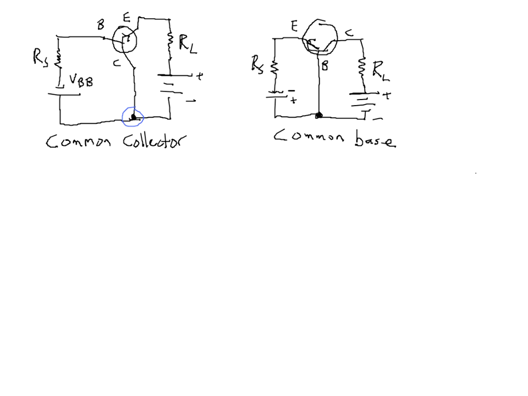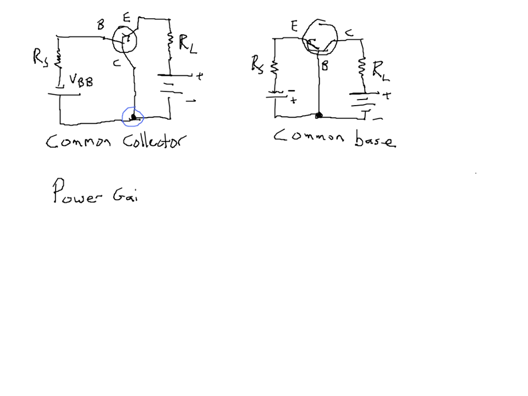So here are the different properties of the three configurations that you might want to consider. All right, and we'll make a table. Okay, you might want to know whether or not there is power gain.